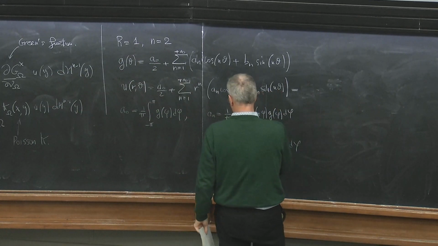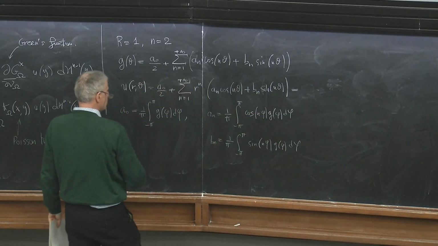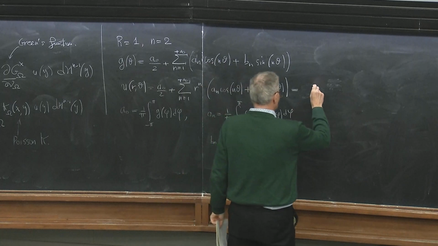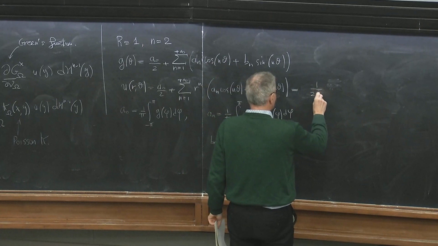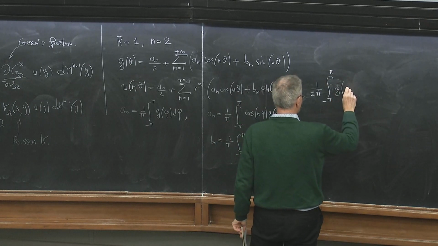So let's try to substitute. a0 is this: 1 over 2 pi integral from minus pi to pi, the mean value, say, of g.